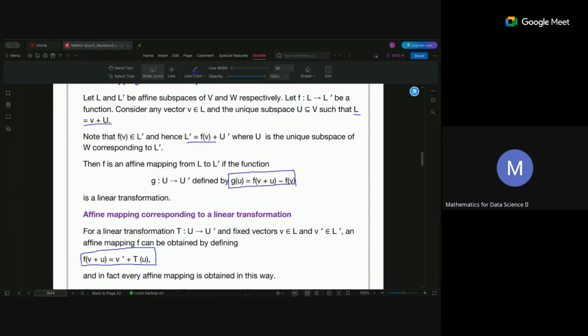So here the domain is U, and here the spaces are subspaces; here they are affine spaces. Since they are defined on subspaces, we have to go back to the subspace somehow from V plus U. So we are using this V dash, which is there in your L dash. I guess that's what is happening.